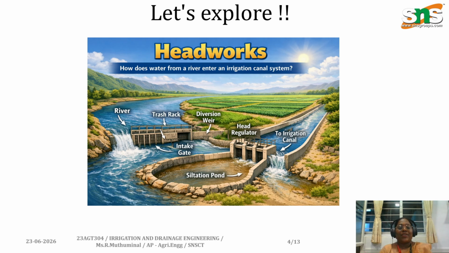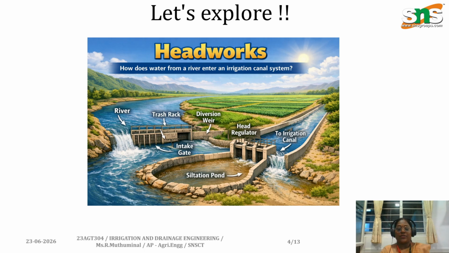So now, have you ever wondered how water from a river reaches agricultural fields located several kilometers away? Rivers naturally follow their own course, and without proper control, much of the water would simply flow into the sea.